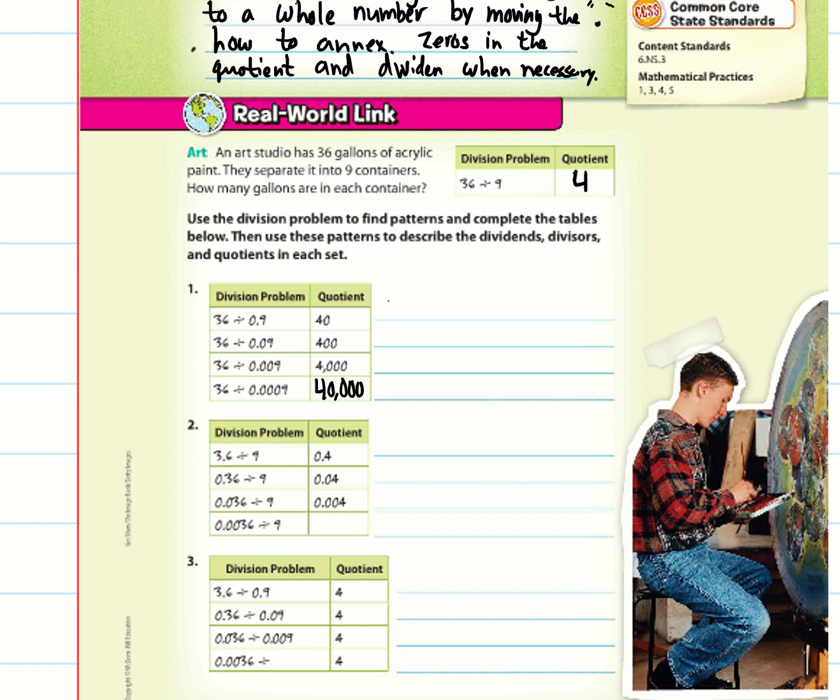So one thing we notice is the dividends are the same. And that's the 36. 36 is the dividend, and it remained the same the whole time.